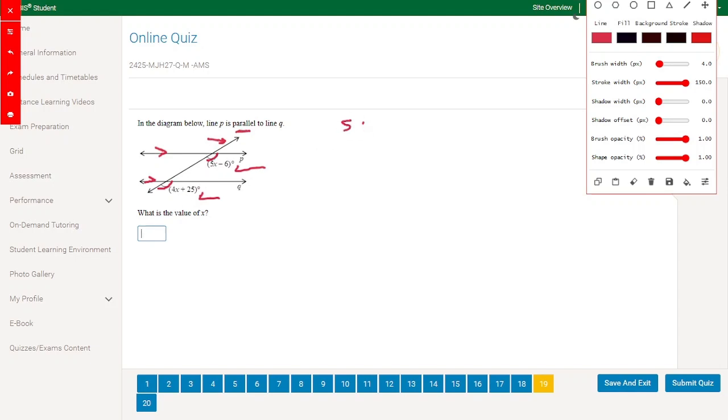So we'll have 5x minus 6 will be equal to 4x plus 25. Why? Because corresponding angles are equal or congruent.